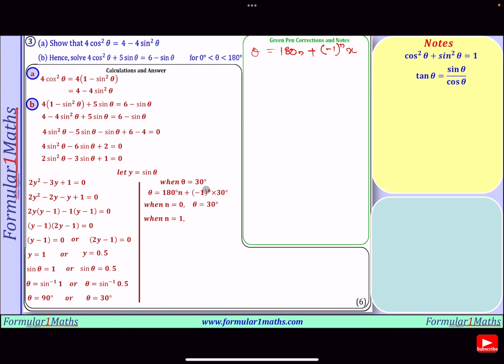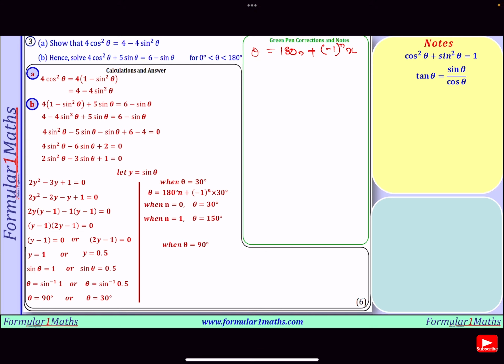So we get 180 minus 30, and we get 150. And so for this value, 30, we get two values. If I try 2, that would be outside the range, because 2 times 180 is 360. Then minus 1 squared is positive, so I get 360 plus 30, which is outside the range. I don't need that. That's why I stop at 1.